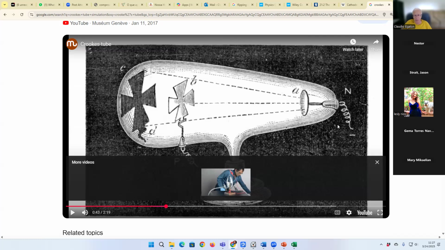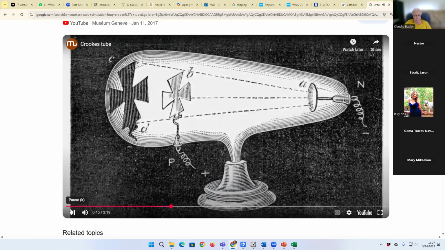When you apply a high voltage between those two ends, electrons are accelerated because of the electric potential difference, and they collide against the inside of this tube that has that phosphorescent substance that produces a luminescence when the electron collides, okay? That's how it works. Electrons collide with this phosphorescent material, making it emit some greenish light.